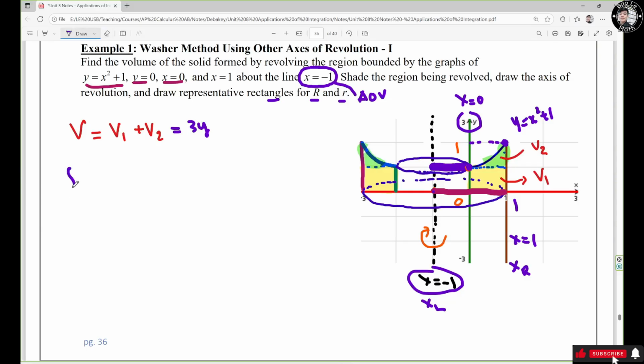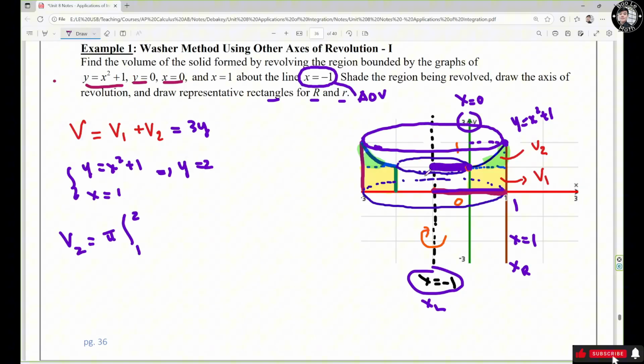So I have the system of equations y equals x squared plus 1, x equals 1, right? Substitute 1 for x, so I have y equals 2, right? So V2 equals pi times the integral from 1 to 2, right? Now the bigger radius is still this guy right here, right?